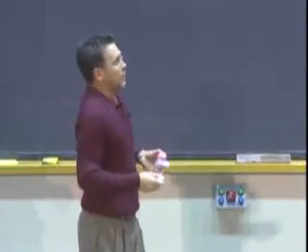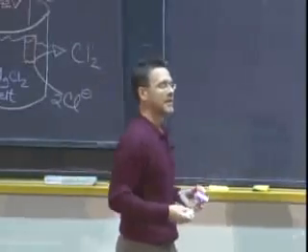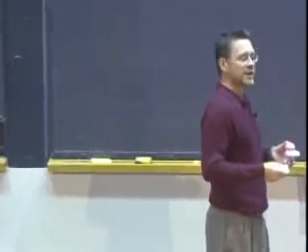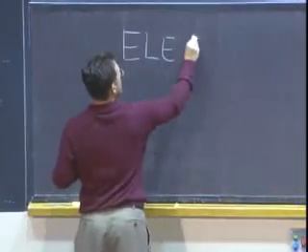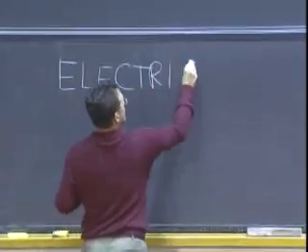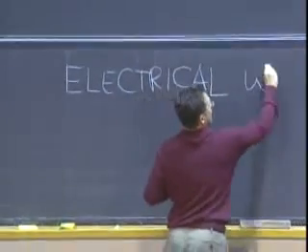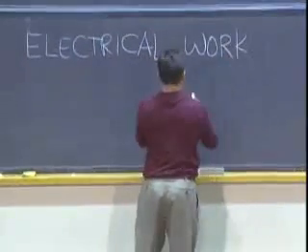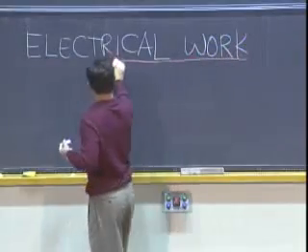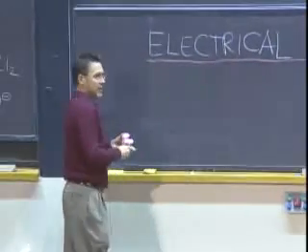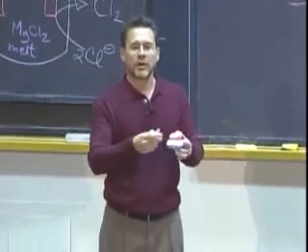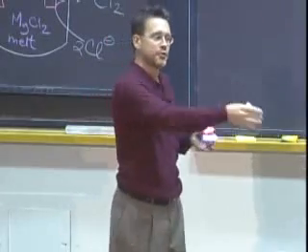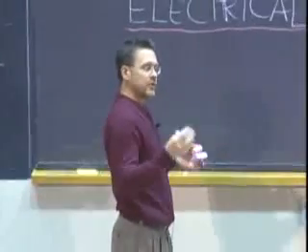Now, I want to bring you up to speed on some more important concepts that pertain to electrochemistry. So let's talk about electrical work. Here I want to make an analogy to the way that electrons can do work when they fall through a potential difference and experience a potential difference.